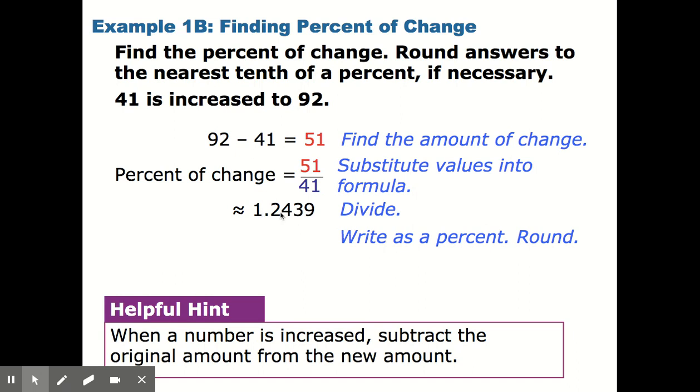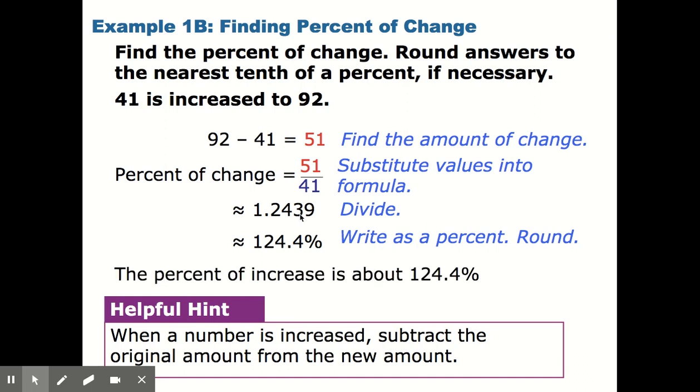We would move this over twice, getting 124.4%. We rounded up to 0.4 because after the 3, when we moved it over, this was a 9, that rounds that up. So the percent of increase is about 124.4%. It increased more than 100%.